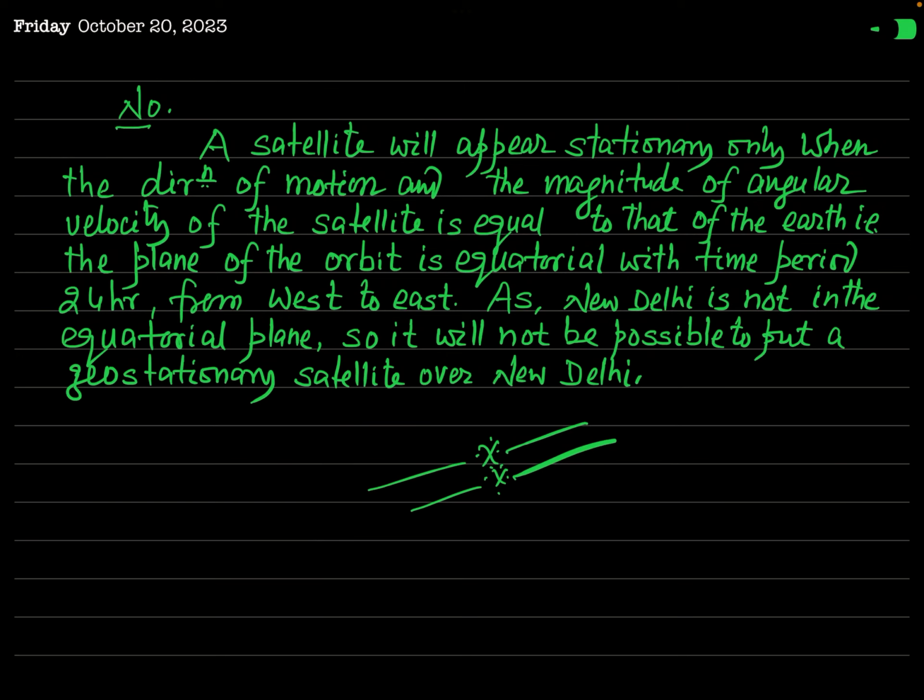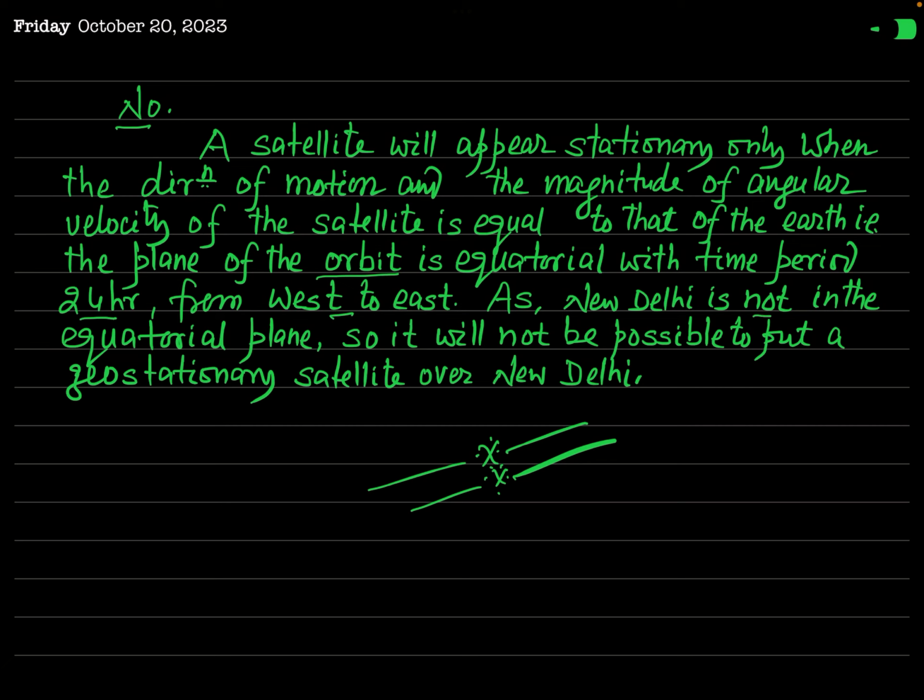So the answer is no. A satellite will appear stationary only when the direction of motion and magnitude of angular velocity of the satellite are equal to those of the earth. That is, the plane of the orbit is equatorial with time period 24 hours from west to east. Only then will it appear stationary above a surface on the earth.